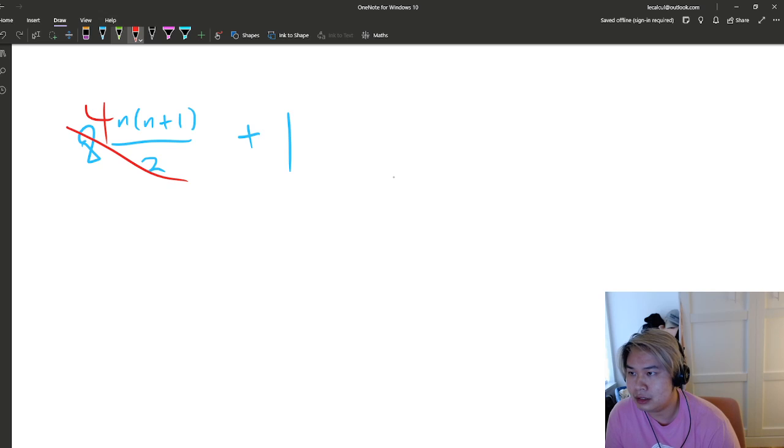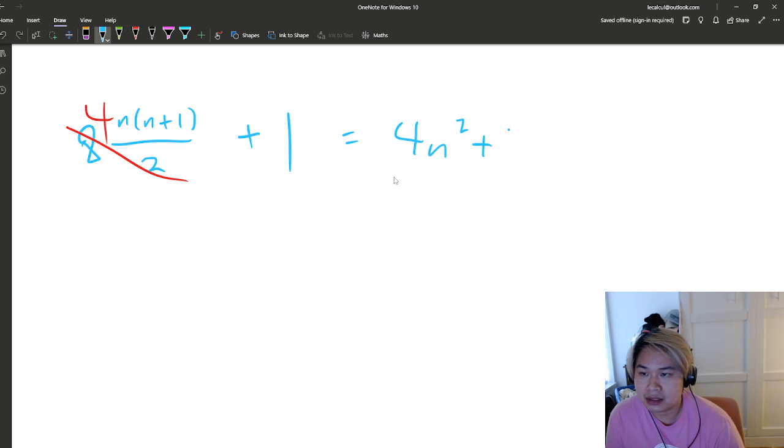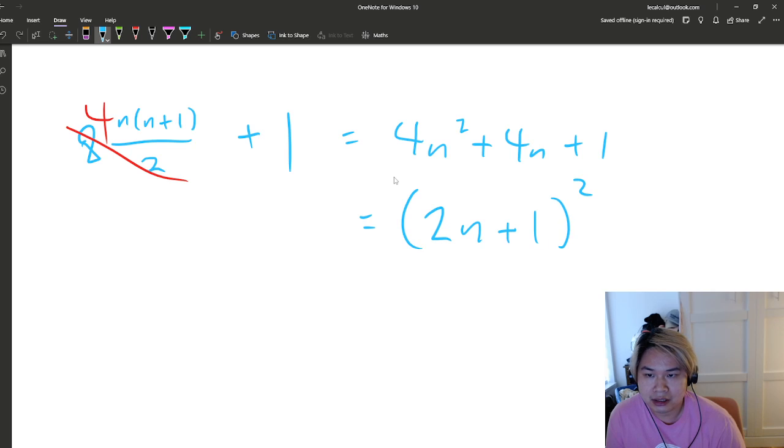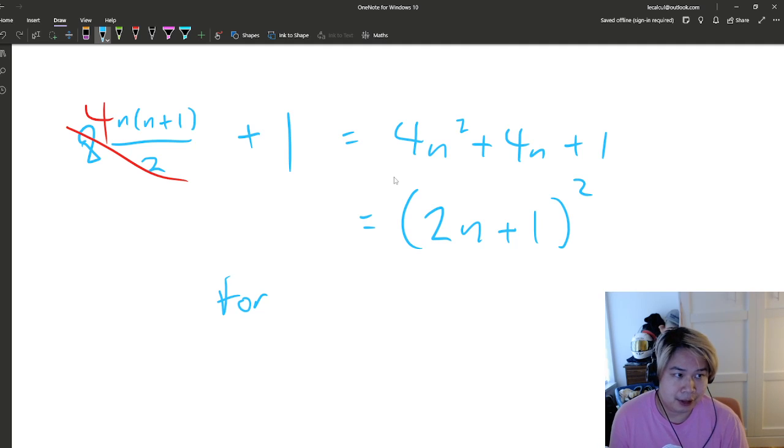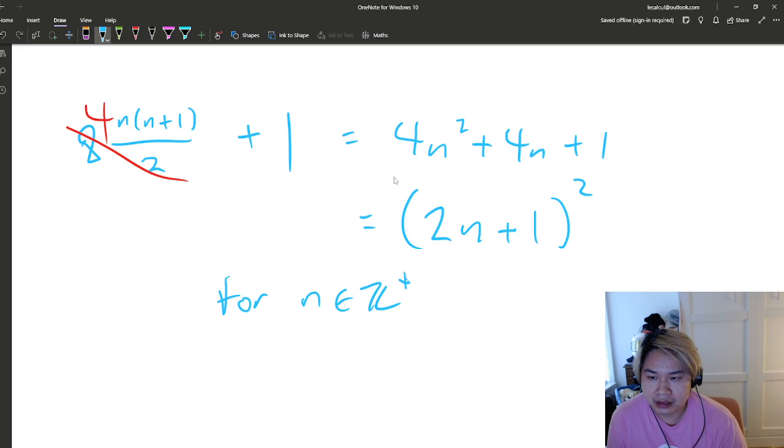This becomes 4n squared plus 4n plus 1, and then this is equal to (2n plus 1) squared. Basically you should know that 2n plus 1, if n is an integer, is the expression for an odd number. So for n being this, 2n plus 1 is odd.